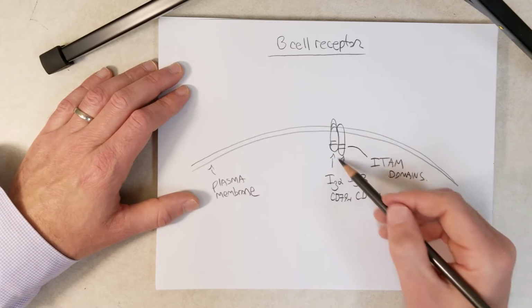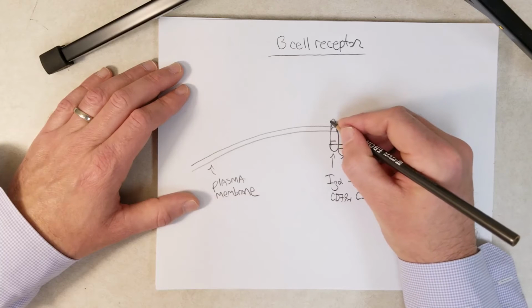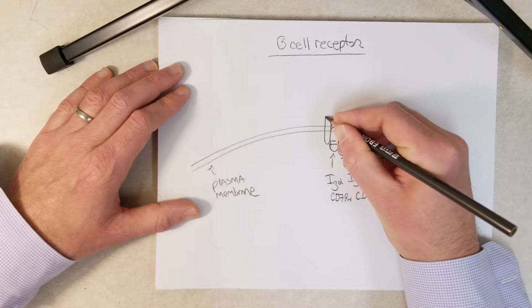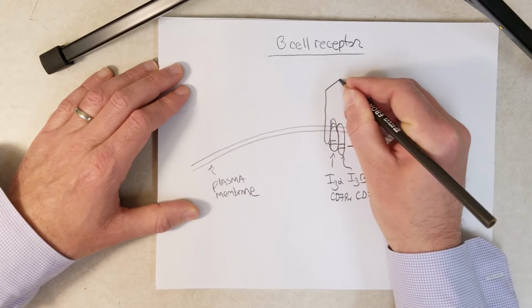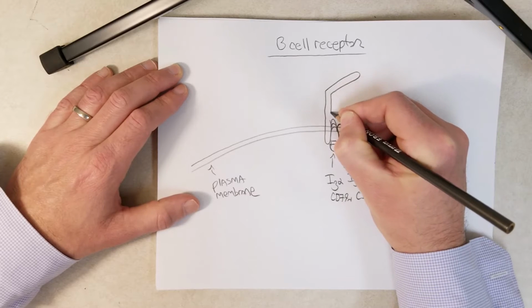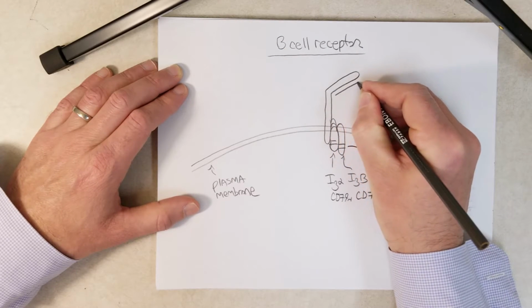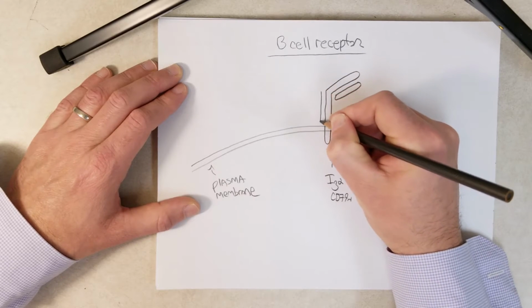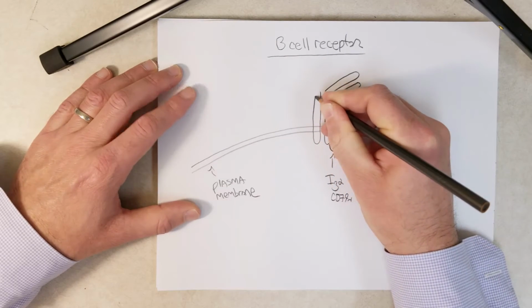Now, these right here interact with antibodies in the membrane. So antibodies, and here's just a rough structure of an antibody. Now, antibodies are going to have two heavy chains.